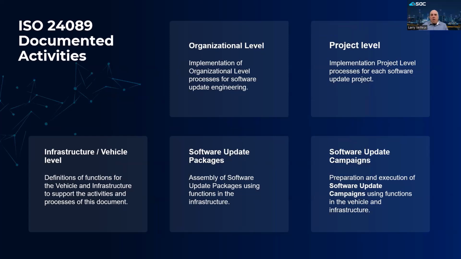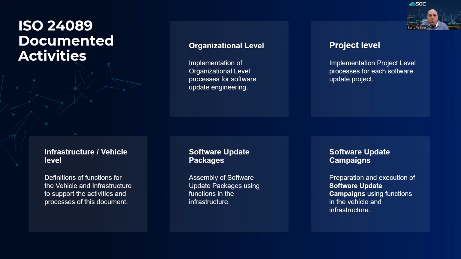This document describes the following activities. Each are addressed in separate clauses, and more on that next. Implementation of organizational level processes for software update engineering. Implementation of project level processes for each software update project. Definitions of functions for the infrastructure and vehicle to support the activities and processes of this document.